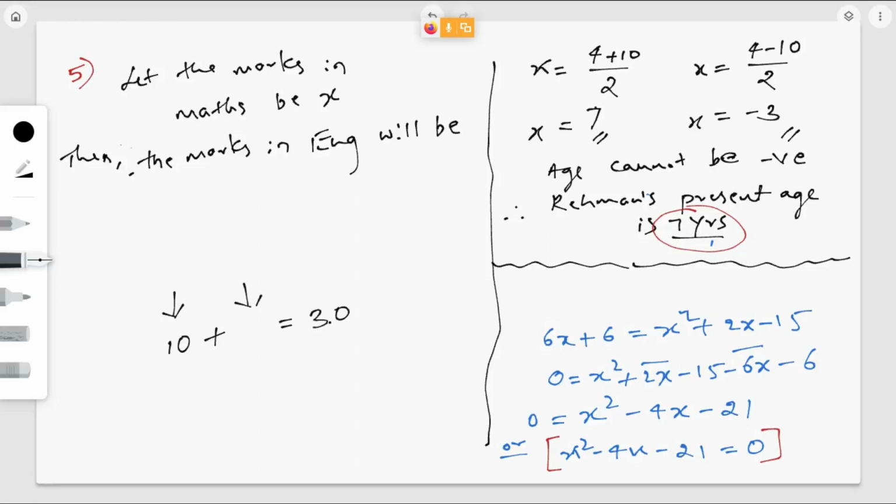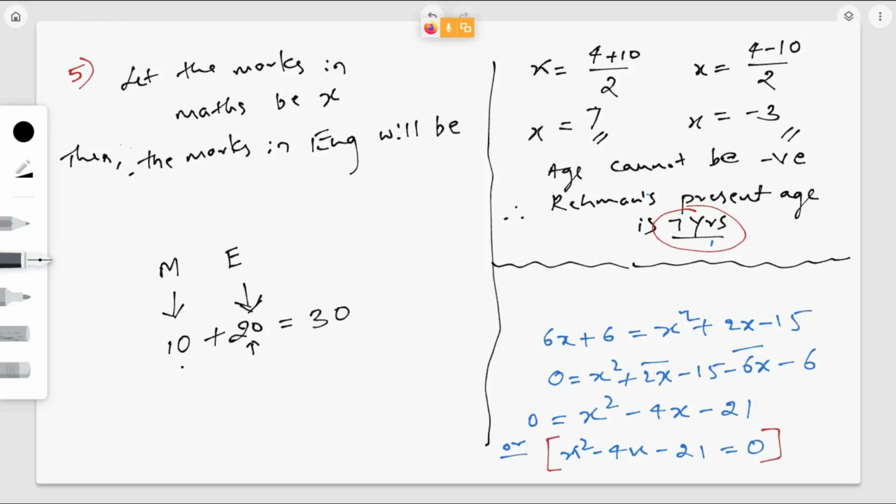Total marks is 30. If she scores 10 marks in maths, what is her score in the other subject? Am I audible? So 20, right? So how did you get this 20? 30 minus 10, by subtraction.